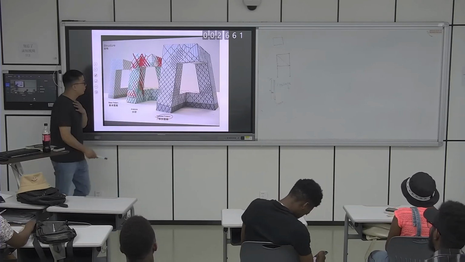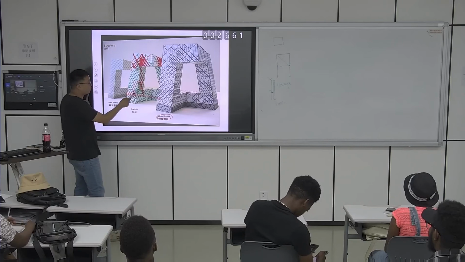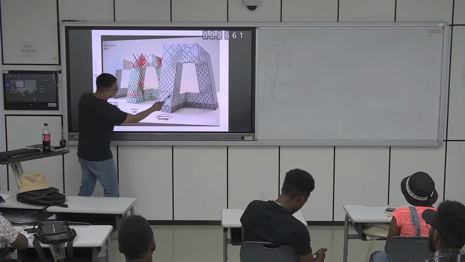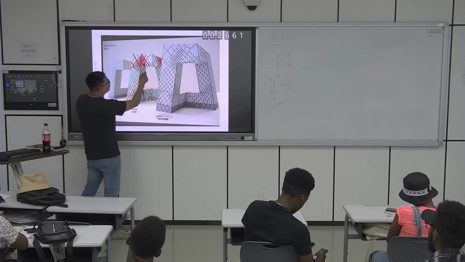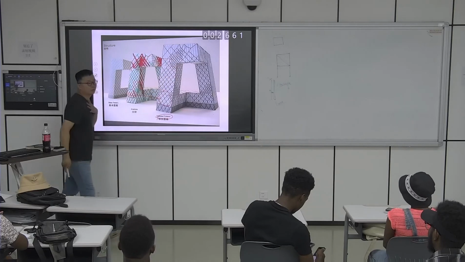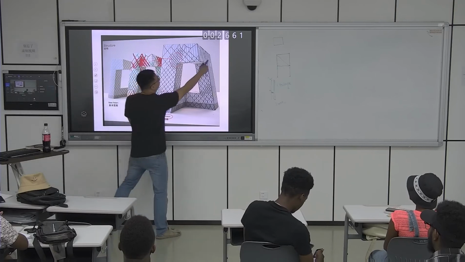For example, we found a lot of force concentration or deformation happens in this one. We can find it in a lot of spots in this part, also in here, and also here.